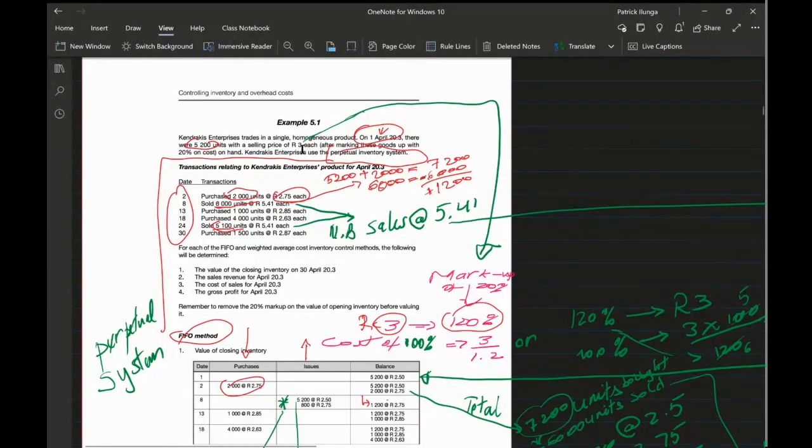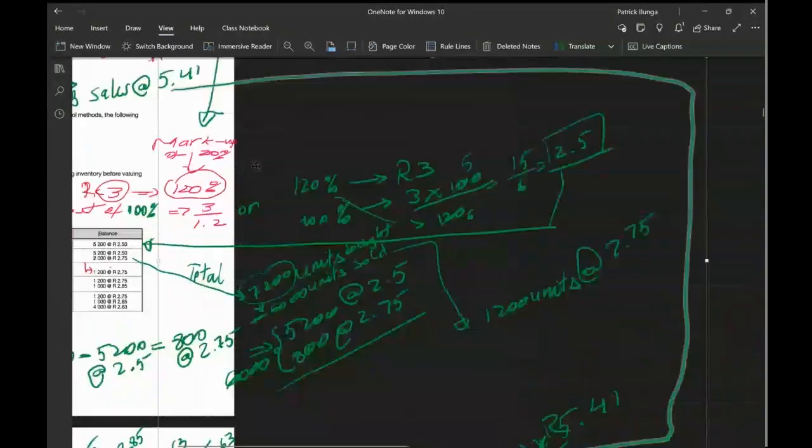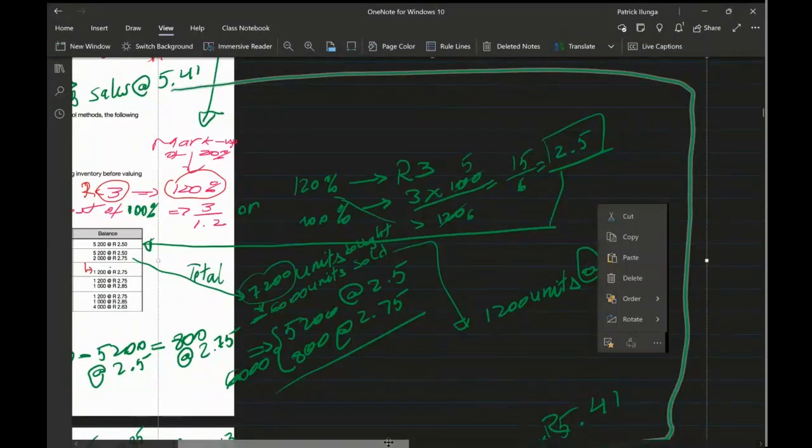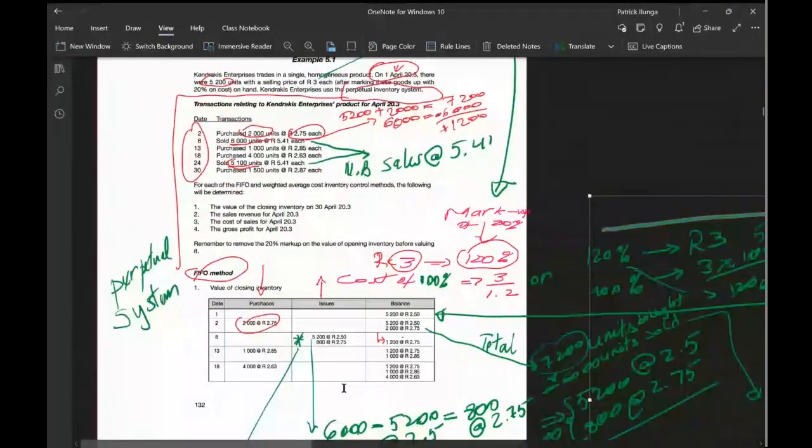But the actual cost, we've just calculated, 100%, is 2.5. They added up 20%. So we know that the 3 rand is 120% and 100%, I repeat again, is 2.5, as you can see here.